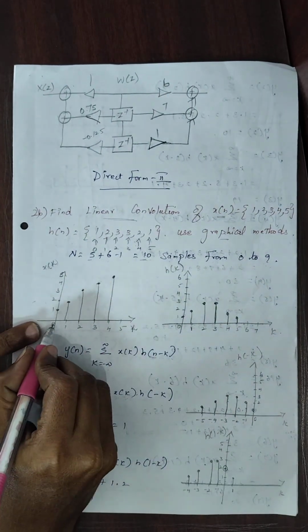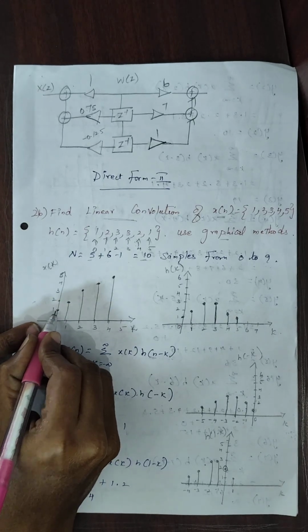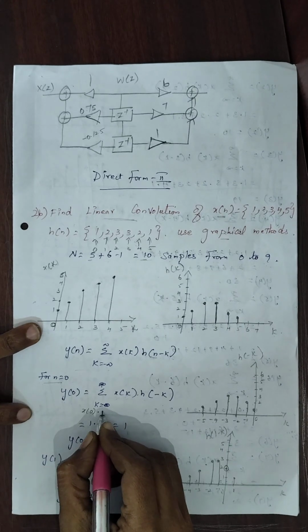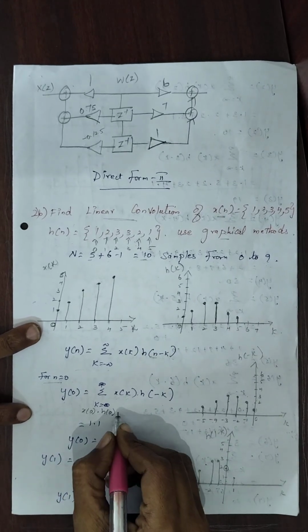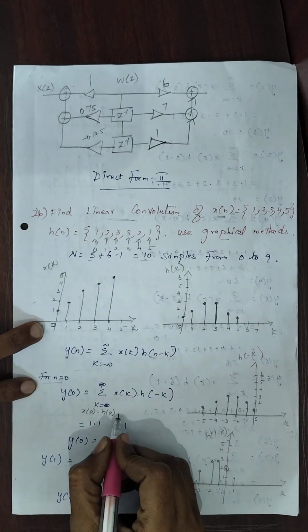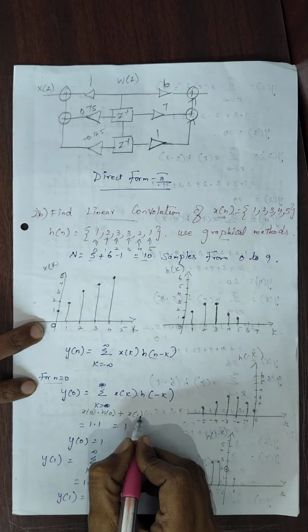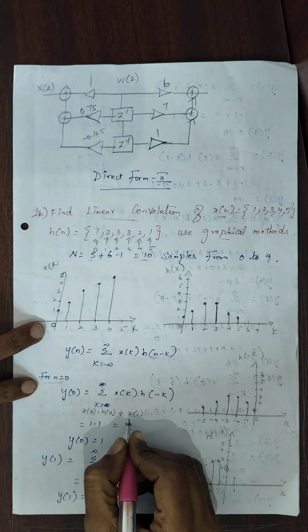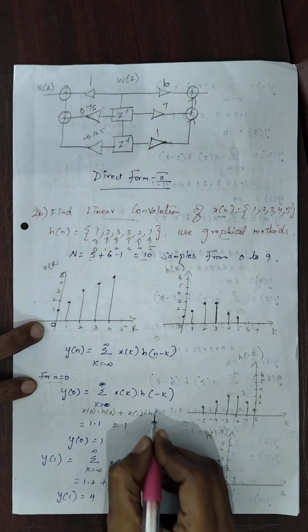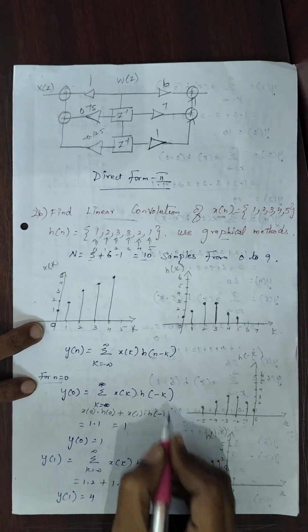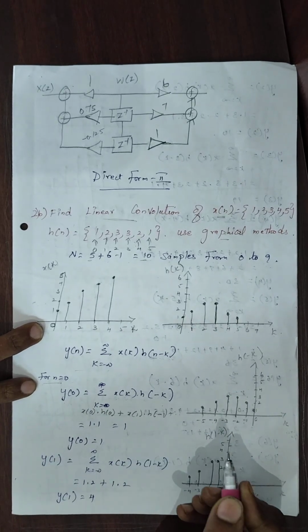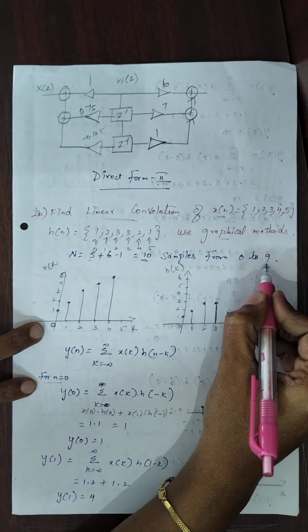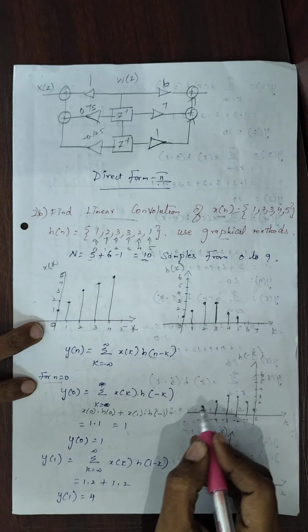So x of 0 dot h of 0, plus x of 1 dot h of minus 1. Likewise it goes up to 9. We have 10 samples, from 0 up to 9.